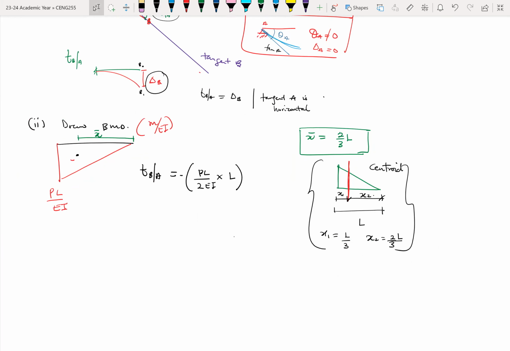So here we can see that our x bar that we are looking for corresponds to x2. So that means 2/3 of L. So this is x bar, and this is the area of M over EI, times x bar.